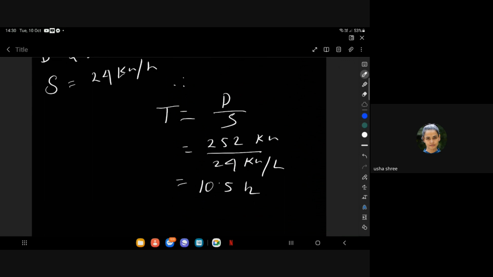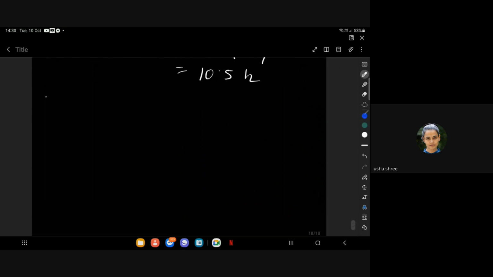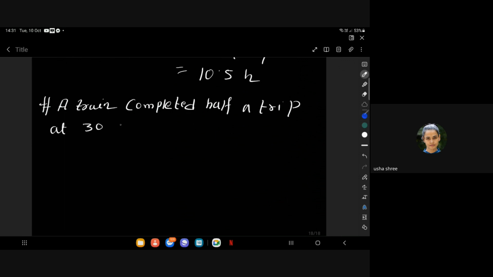Okay. No, sir. Then another problem, and this requires a little concept. I will explain the concept while solving this problem. A train completed half a trip at 30 miles per hour and the rest half at 60 miles per hour.